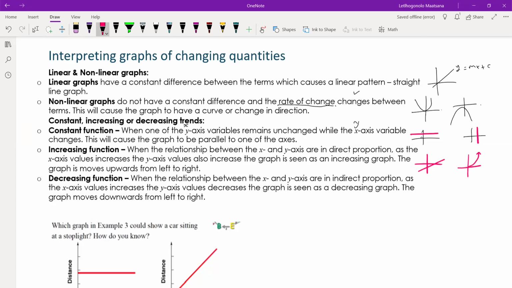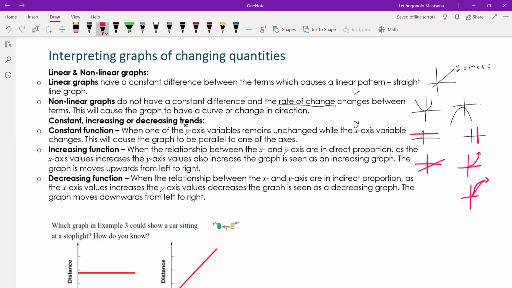In this case, the y values are increasing with an increase in our x values, or we can have this. In this case, our y values are also increasing with an increase in our x values. The difference between this and that is the rate of change.